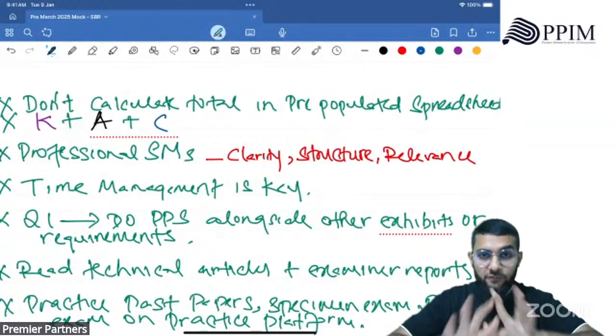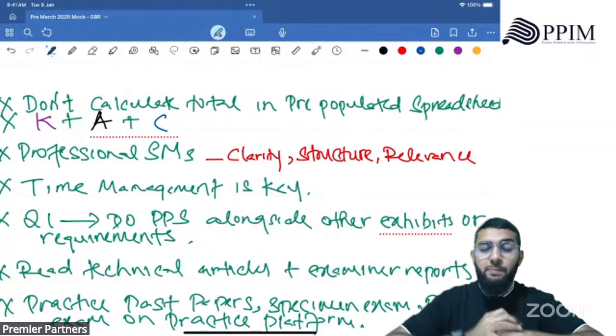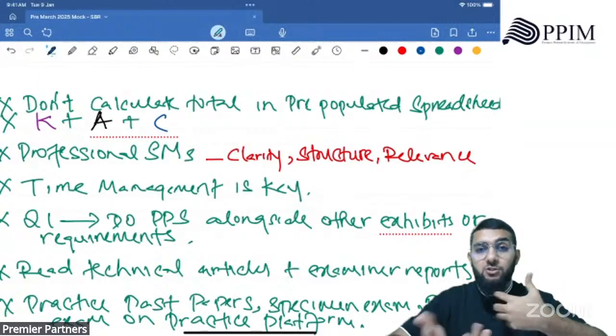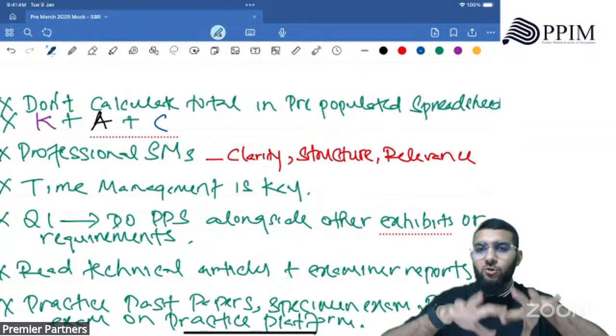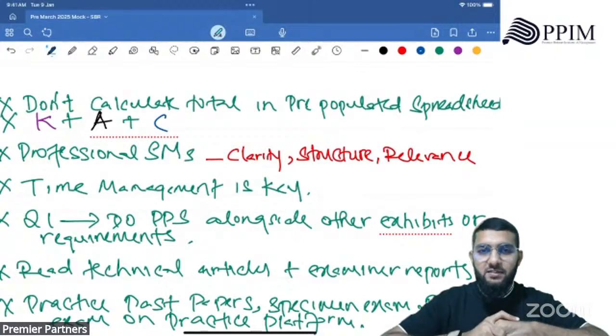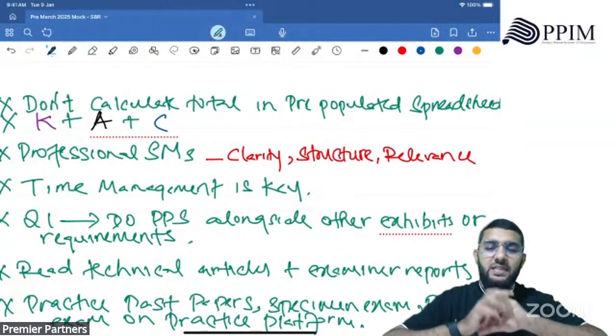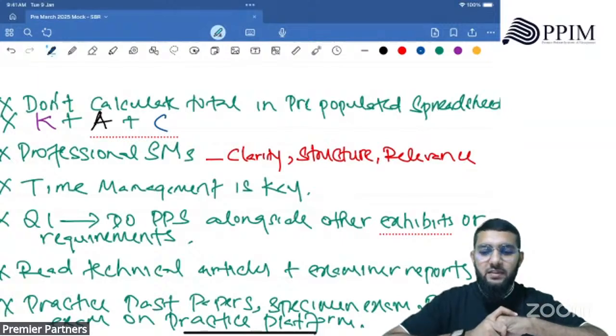And if time permits, I'll see you all back with question number 4. In case time does not permit, and I'm not able to take you through question number 4, you all know the standards. Please refer to the standards and be particularly ready with all of them. All the best.